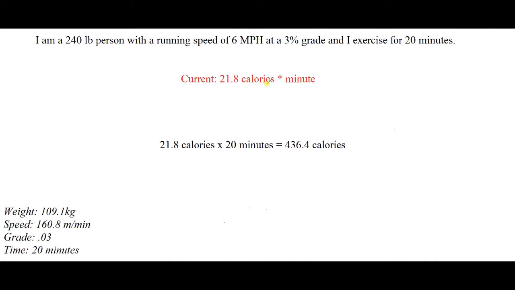And finally, this is the final step. Quick recap, we have covered weight, we have covered speed, and we have covered grade. Now we just need to cover the time, and that's what we're going to do here. Remember in the last section that I talked about 21.8 calories per minute. So obviously now we know that we exercised in this circumstance for 20 minutes. So all we have to do is substitute a 20 here, and that's exactly what we do.